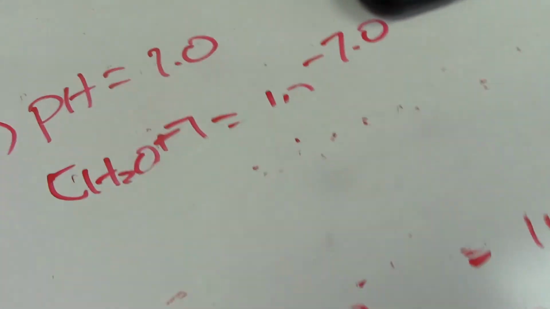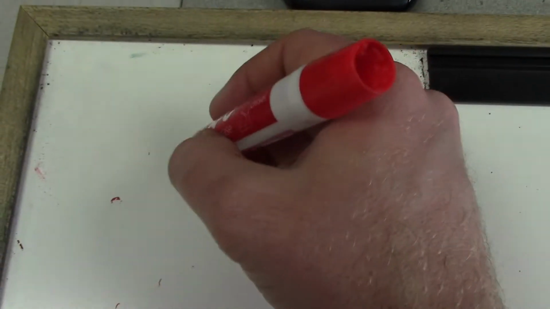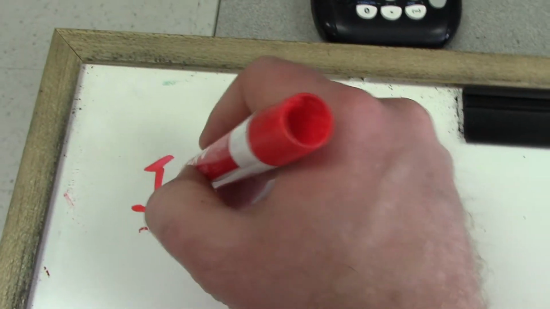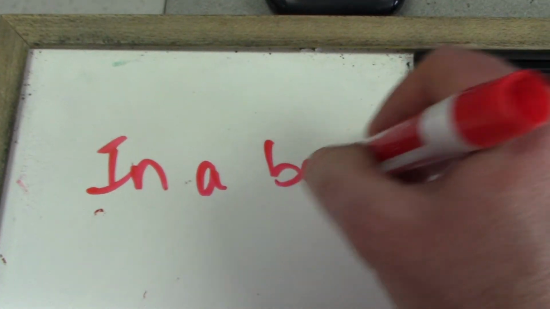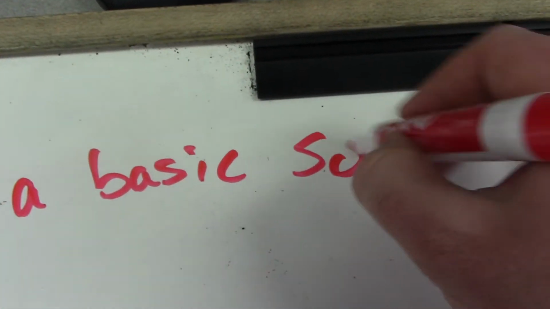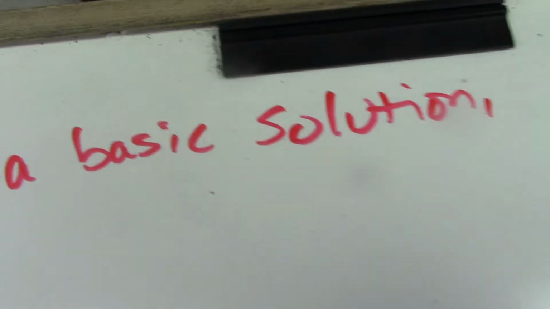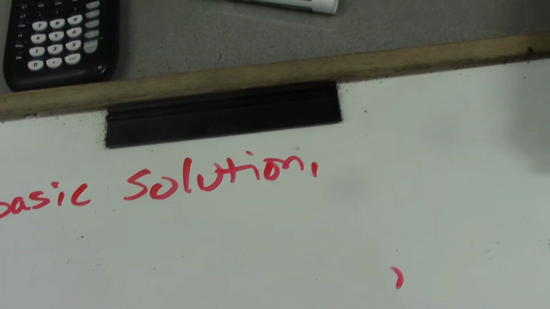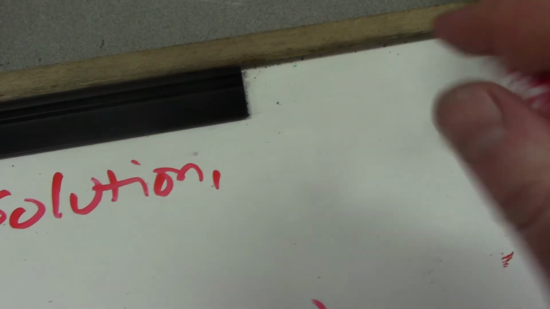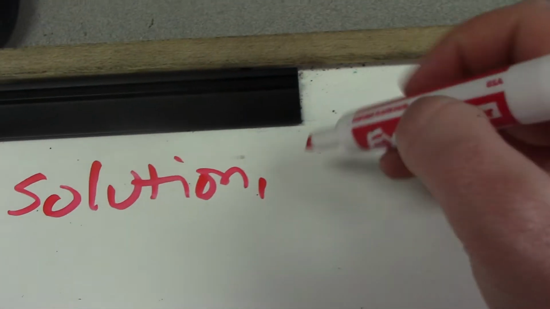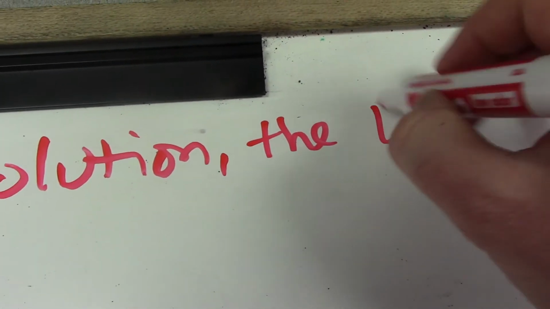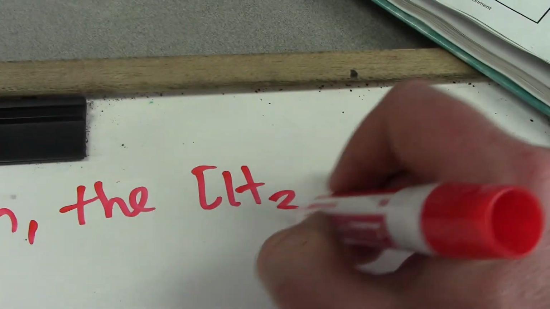I'm going to give you one word problem style question here. Okay, so let's say we have this. Let's say in a basic solution, the concentration, so brackets means concentration.